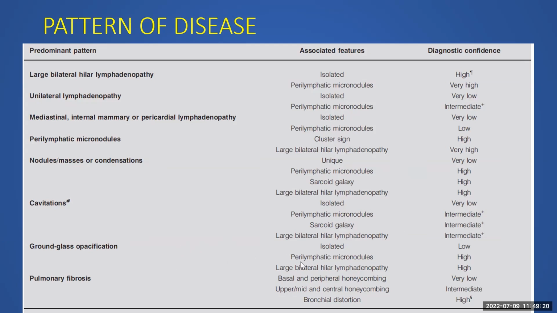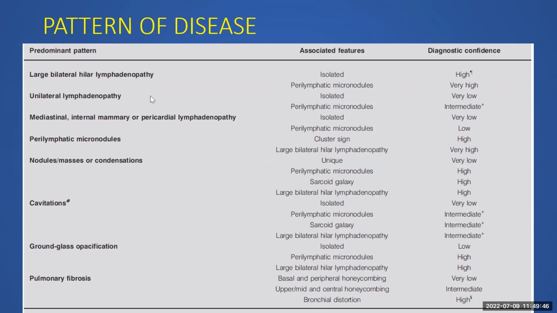But of course, when you get perilymphatic micronodules, think of sarcoid, and again, when they're along with bilateral perihilar lymphadenopathy. Pulmonary fibrosis, by itself, to say sarcoid is not easy, or you shouldn't. But when you have pulmonary fibrosis associated with other things, like upper zone distribution, think of sarcoid.